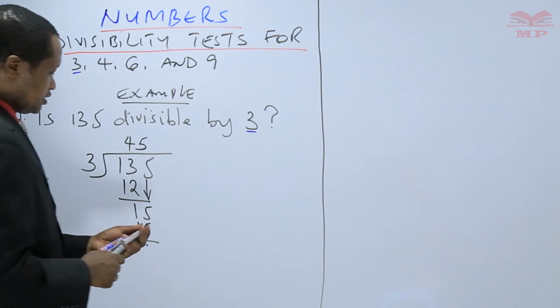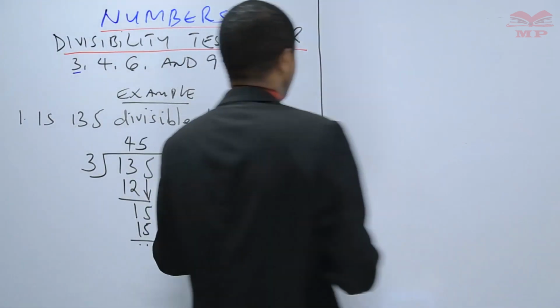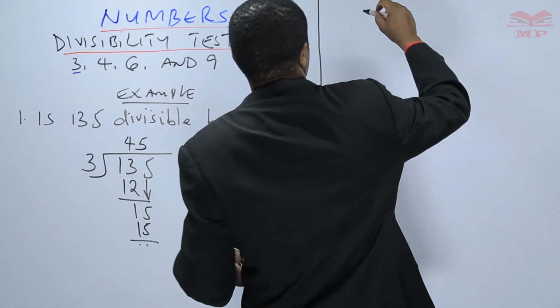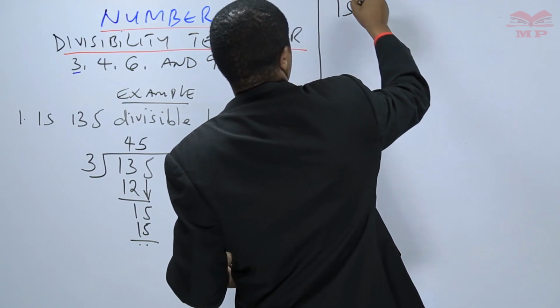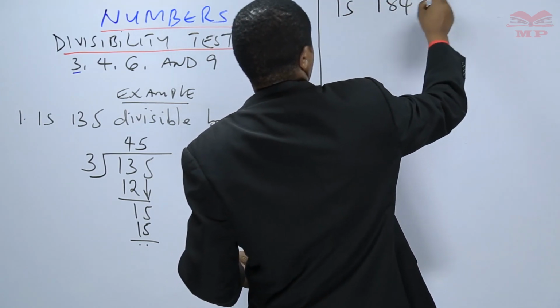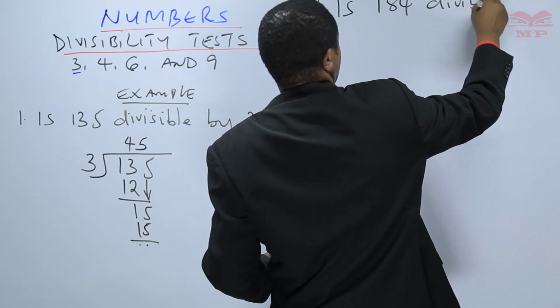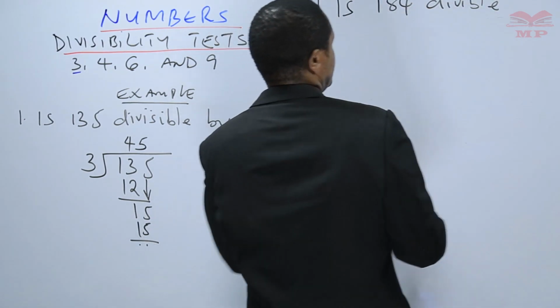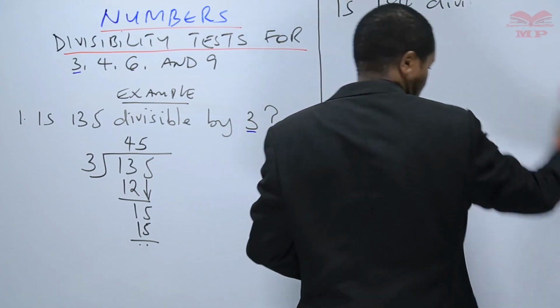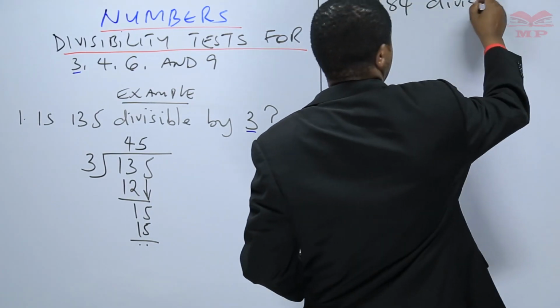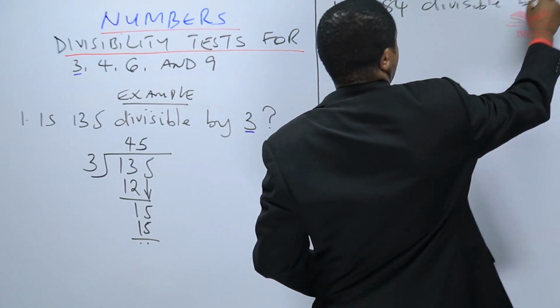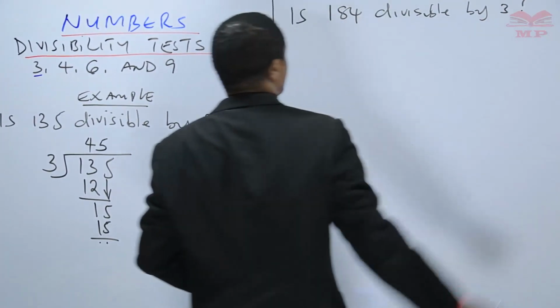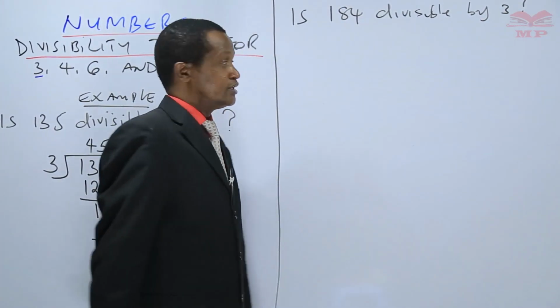Now how about a number like 184? Is 184 divisible by 3?